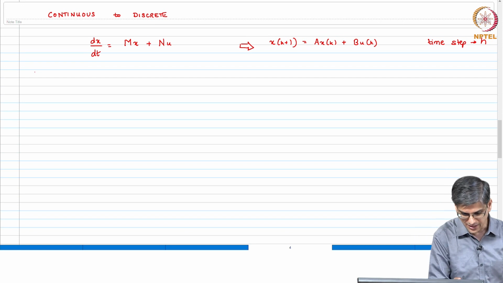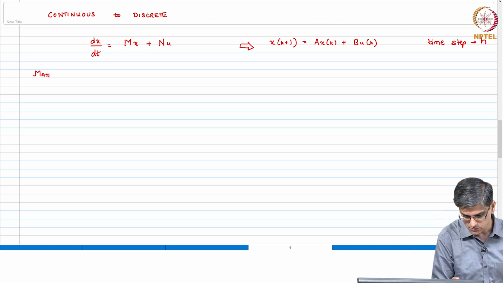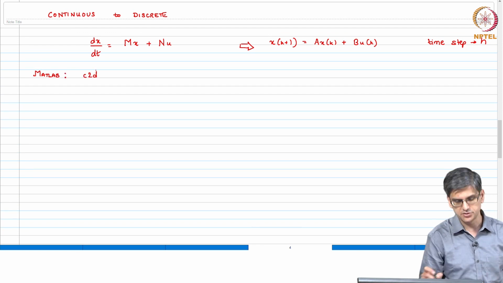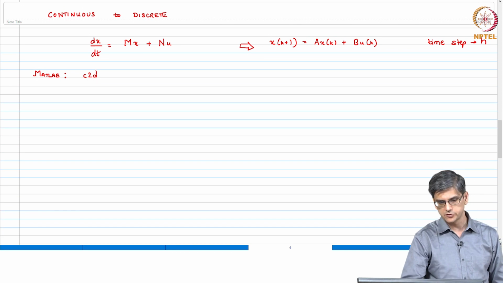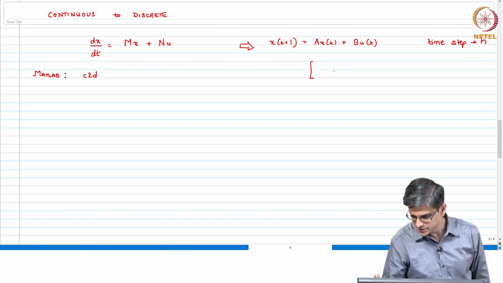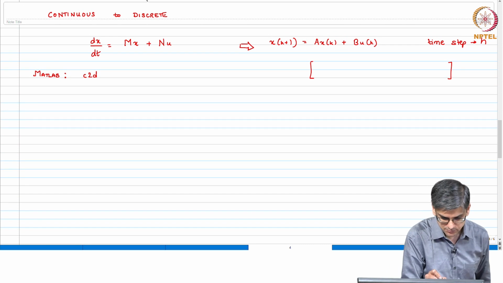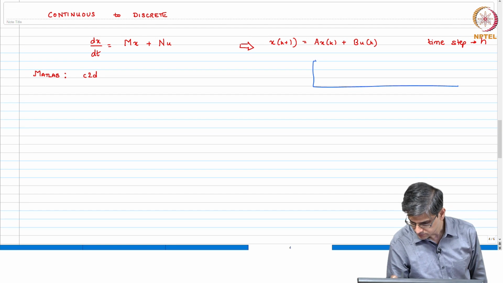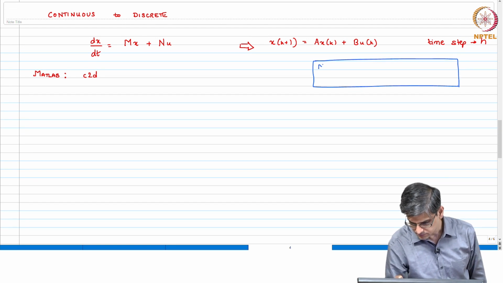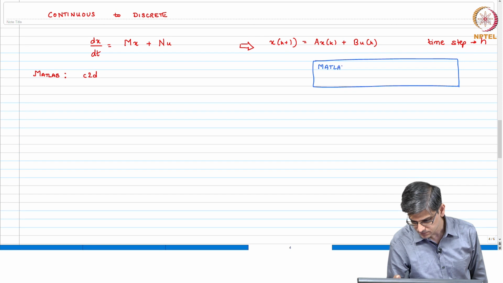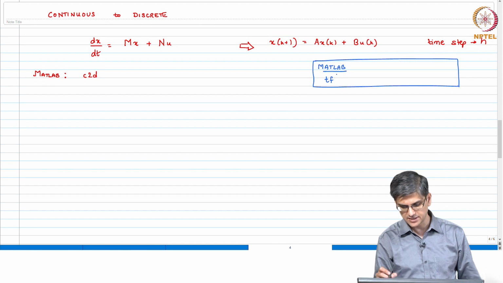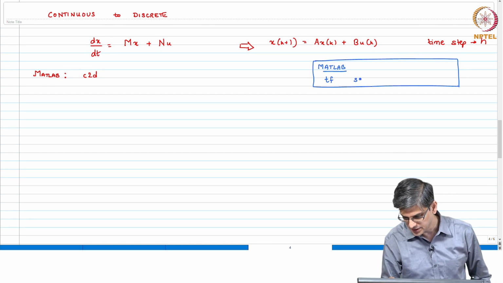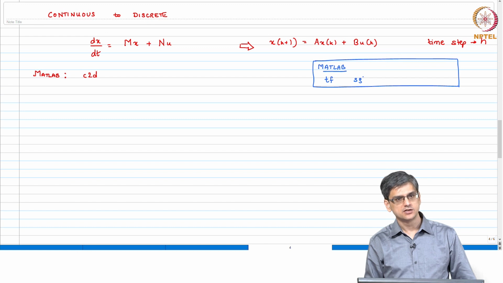Okay. In MATLAB you can do this using a command called C2D. Just an aside, in MATLAB, TF you will use for getting transfer function, SS you will use for getting state space model.